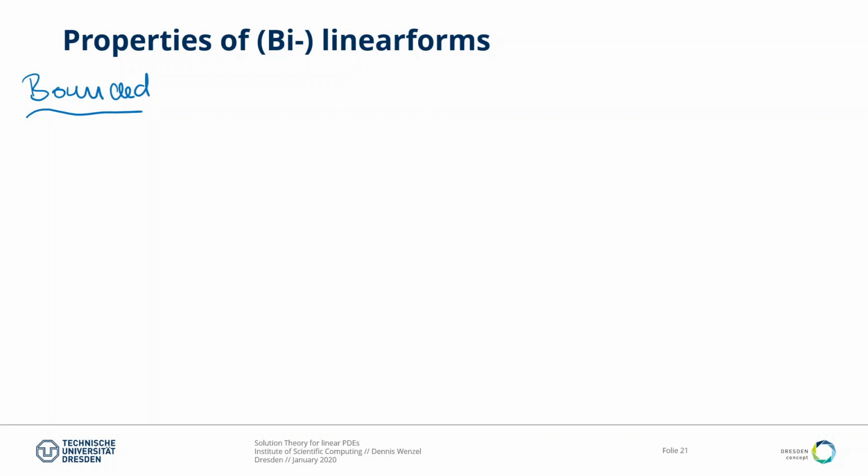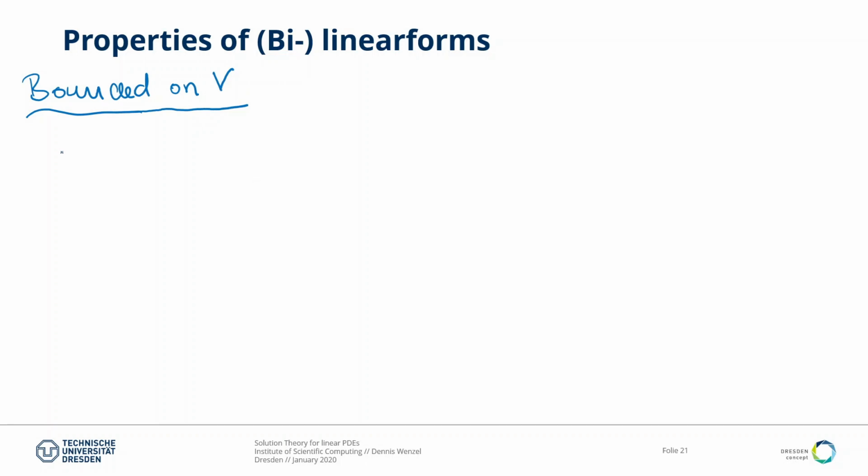And here it's important in the following, when we talk about bilinear forms and linear forms and their properties, we always talk about this on some specific space. So it's always important to say that something is bounded on a space V, because you will later on see that you can take the same bilinear form, change the space, and some properties don't hold anymore.